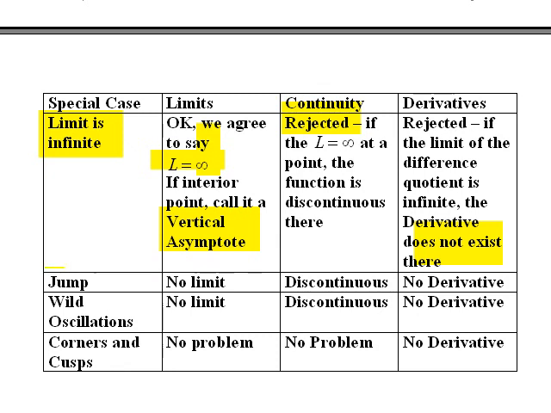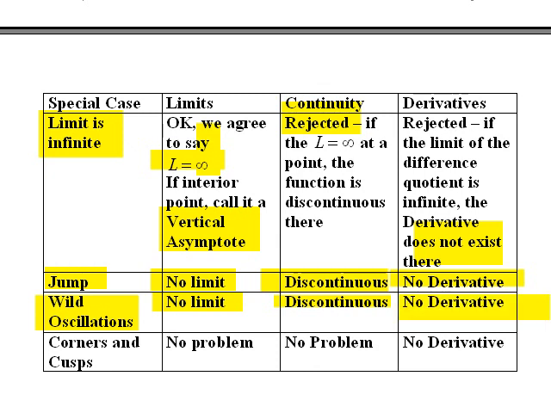Okay, how about jumps? If there's a jump in the function, we say there's no limit, it's discontinuous there, and there's no derivative. Wild oscillations, again, there's no limit, it's considered discontinuous, and there's no derivative.